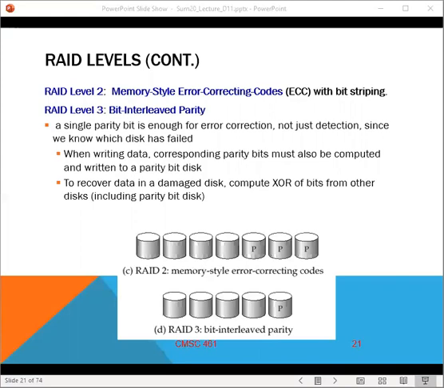The parity check data in level 3 is stored on one disk, whereas the Hamming code of a level 2 is going to be spread over more than one drive. And as we see in this one, it's spread over 3 drives.